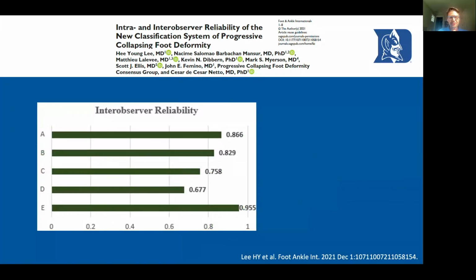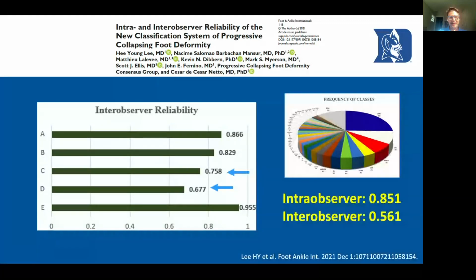And when we looked into the inter-observer reliability, as expected, class D had the lowest numbers, because you can't really see what you're not used to seeing. So class D still creates a lot of controversial discussion. And class C, as I said, I think it's tough, particularly if you think about dynamic positioning of the forefoot once you correct the hindfoot, that's also controversial and debatable.